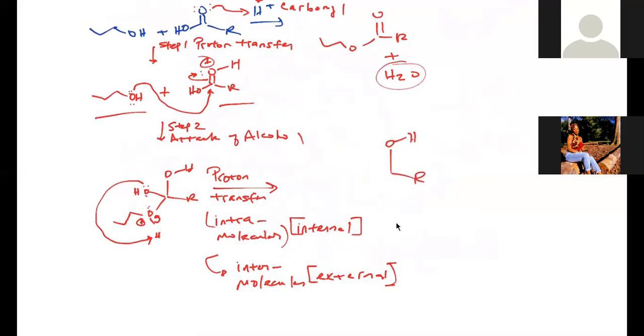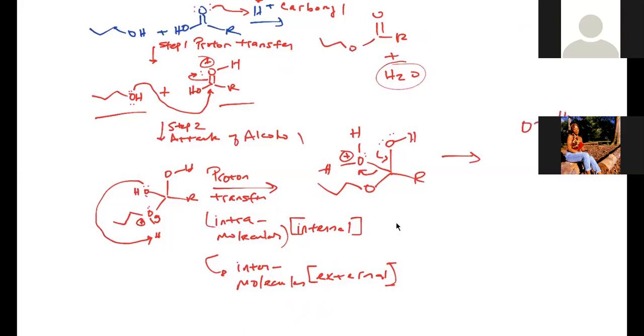All right, so we are here, and now we have water, which is an excellent leaving group. Right, so I can now kick that out. Right, so now that gets me to this version of the ester.